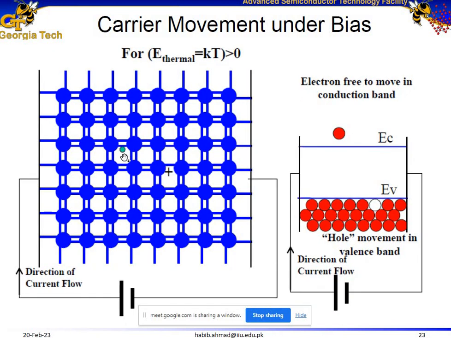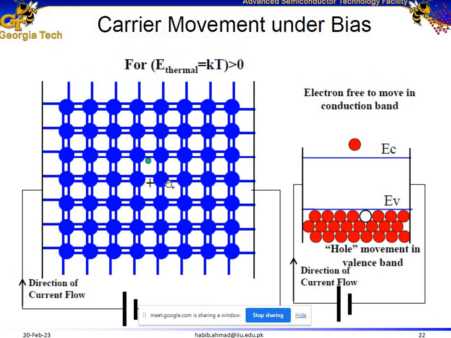Looking into the next slide, now the electron has moved slightly towards the left, and the hole actually moves towards the right, which also means that an electron jumps from this location to over here, fulfilling the bond requirement over here, but leaving behind a hole.